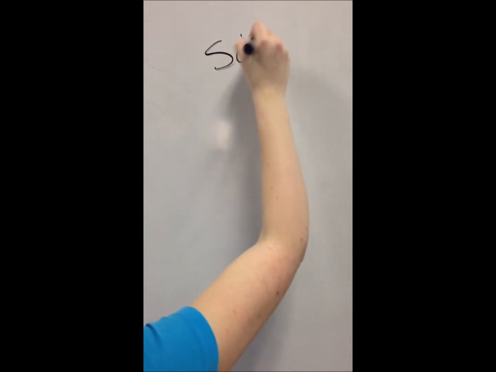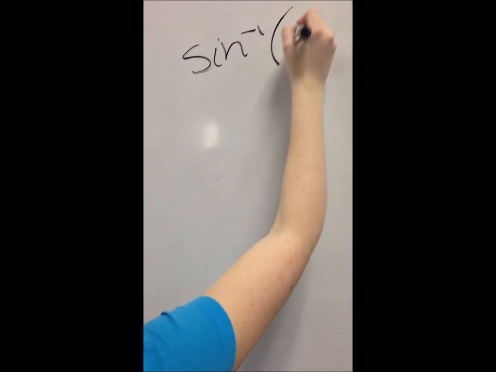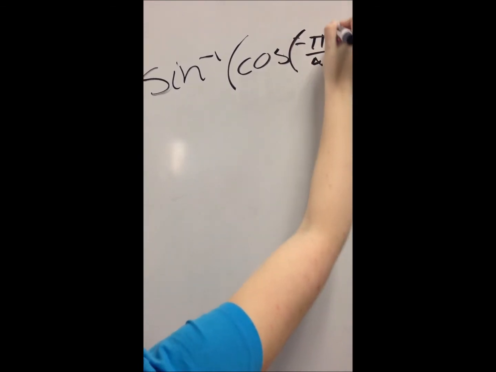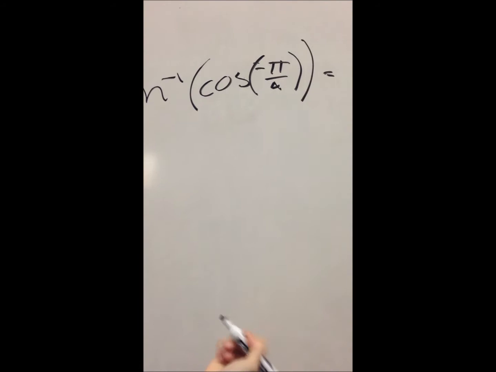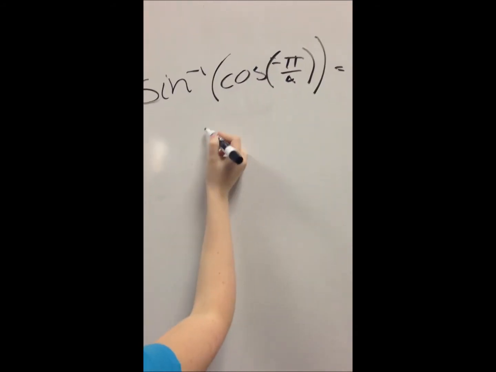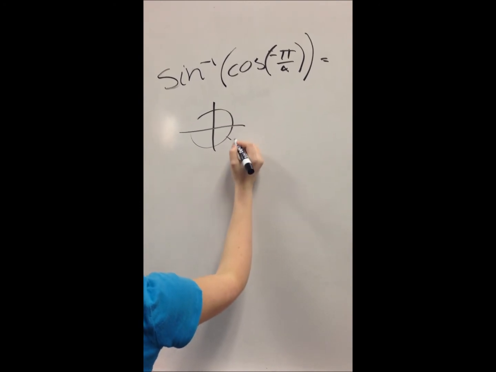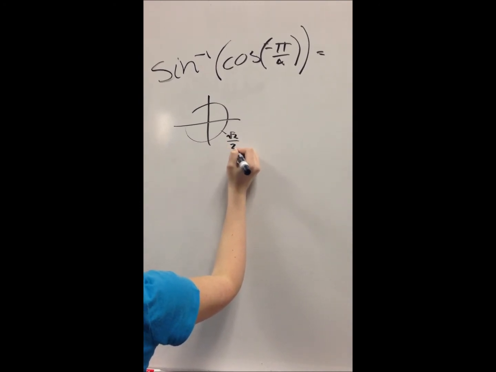Another example is sine inverse of cosine of negative pi over 4. Again, you start with the middle. Cosine of negative pi over 4 is right there. That's square root of 2 over 2.